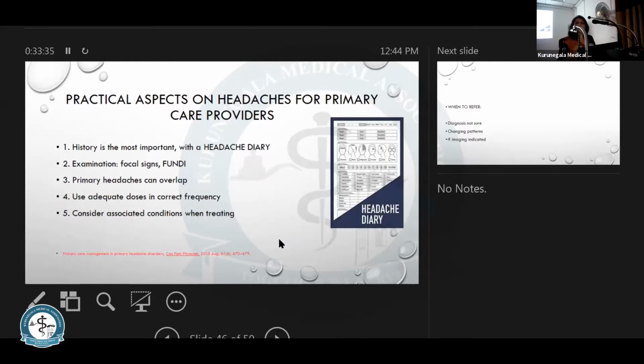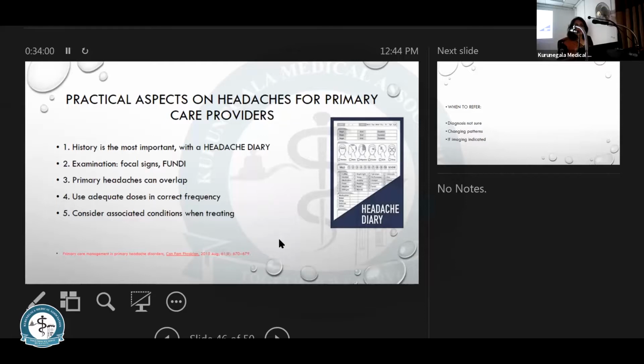So you have to give both diagnoses in your diagnostic card and give them a headache diary. It helps you manage the patient, and it's easy for the patient to remember how many attacks they got. So the headache diary is one of the major things when you are managing a patient with headache.